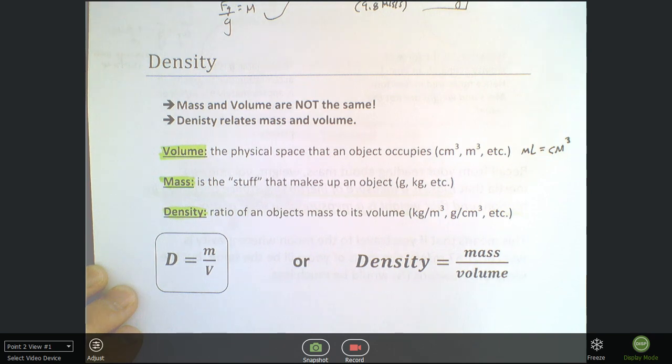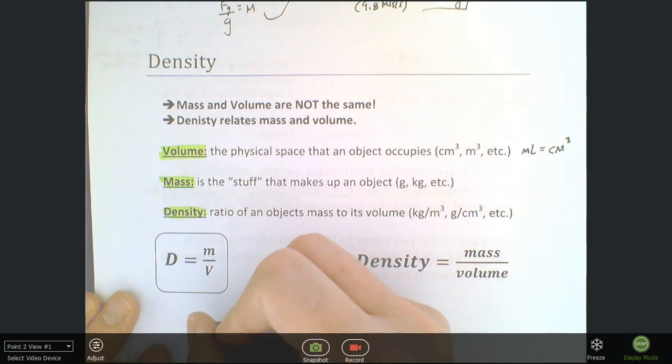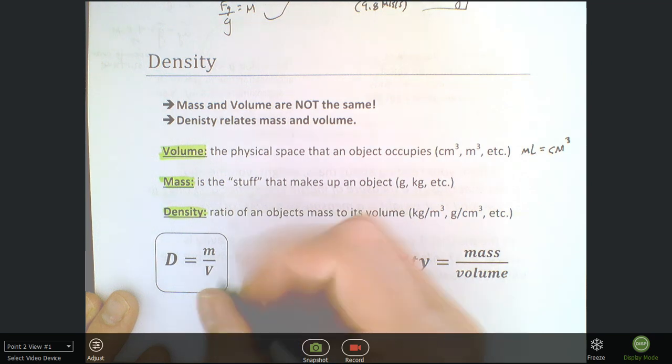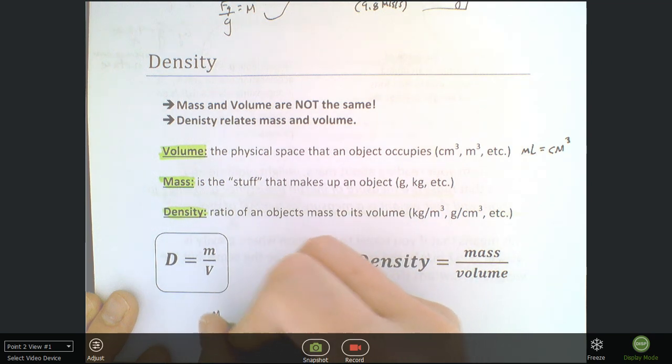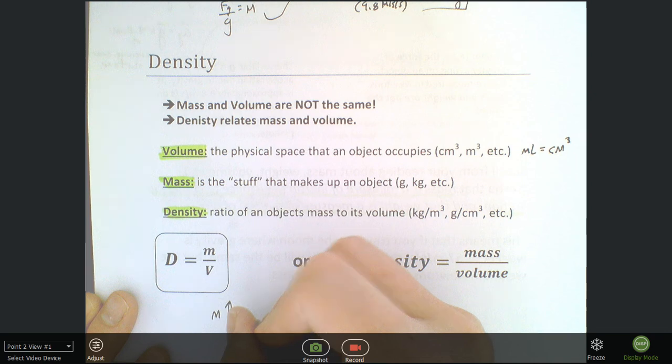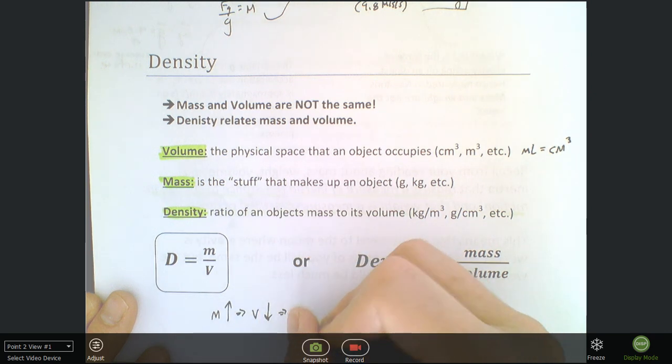Remember, if your mass is large and your volume is small, then you have a massive density.